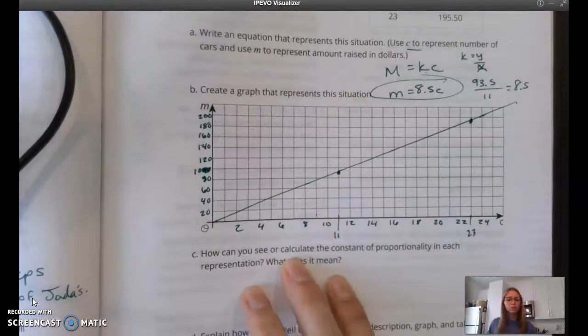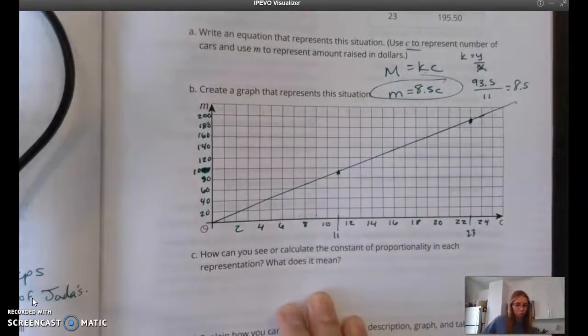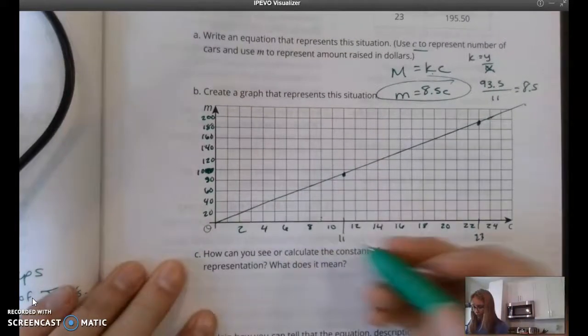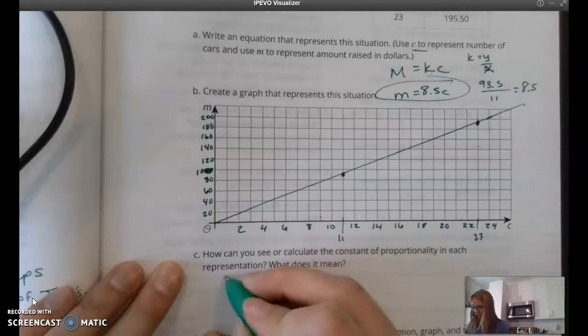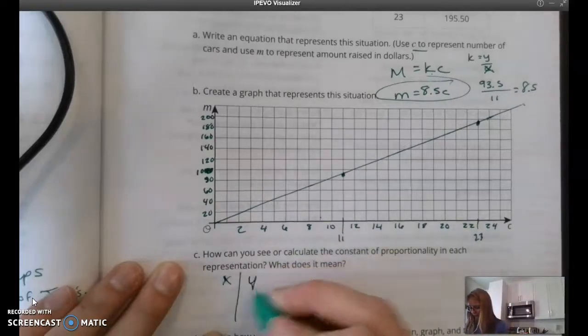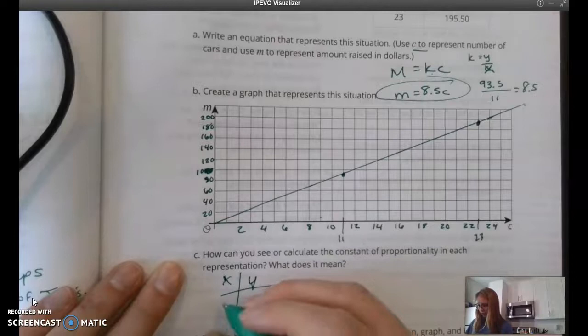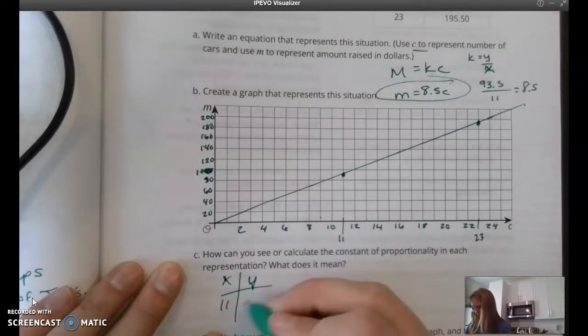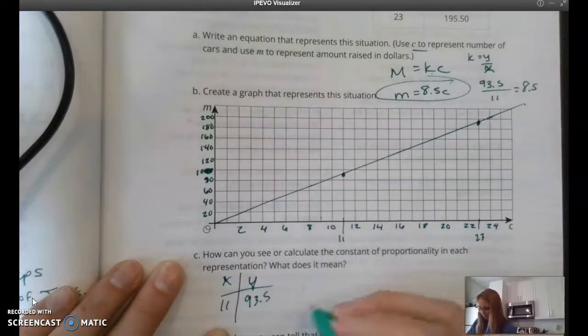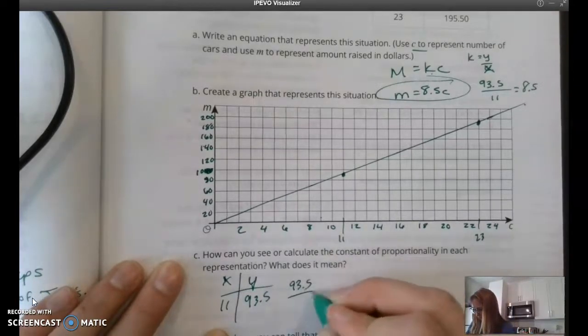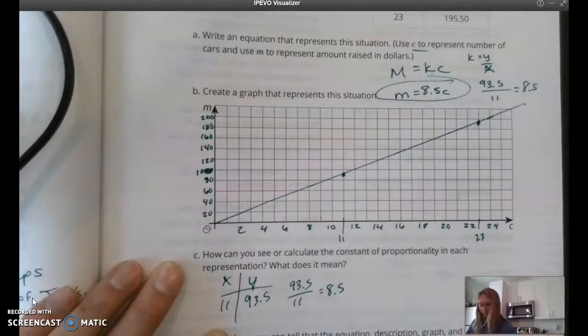Now it says, how can you see or calculate the constant of proportionality in each representation? So we can use a table, and we'd use our x and y, and we could do our 11 and 93.5, and that would be 93.5 over 11 to get 8.5.